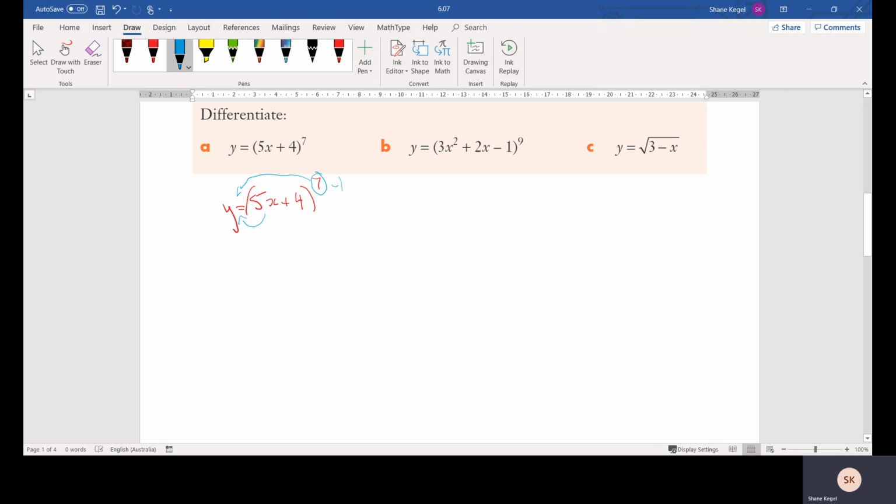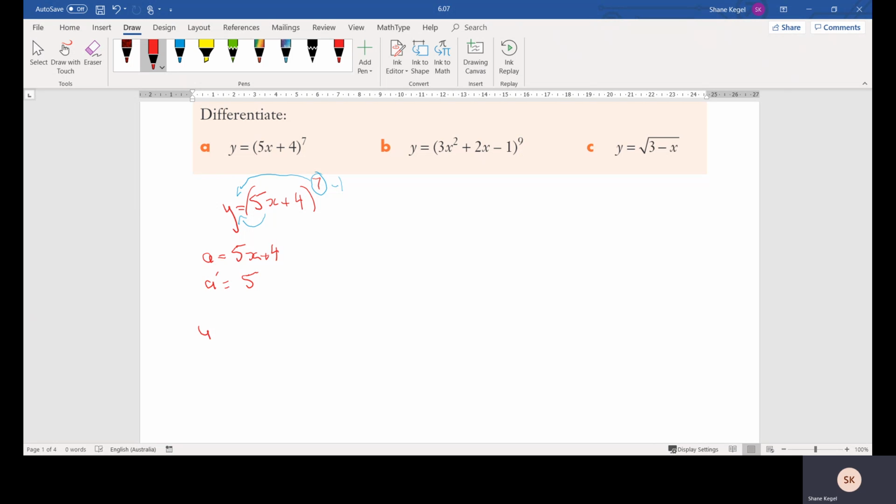So first of all, I'm going to derive my function in the middle, which is 5x plus 4. So if, let's say, let's just use the letter A equaled 5x plus 4, the derivative of A equals 5. So what I'm going to do is I'm going to bring that out the front.